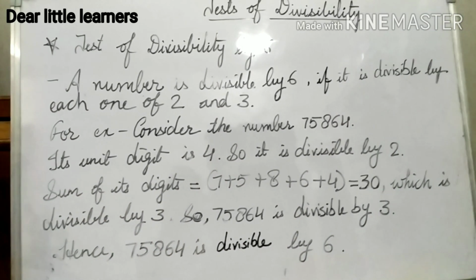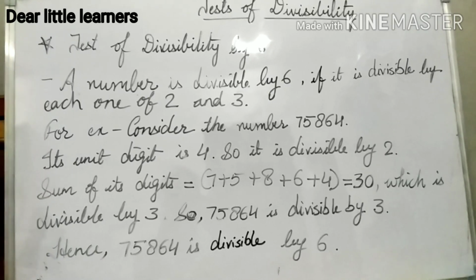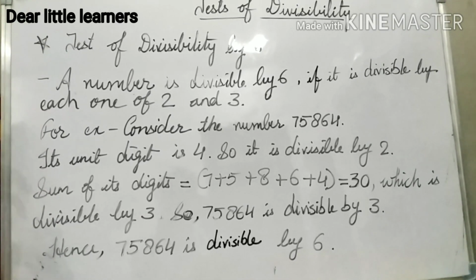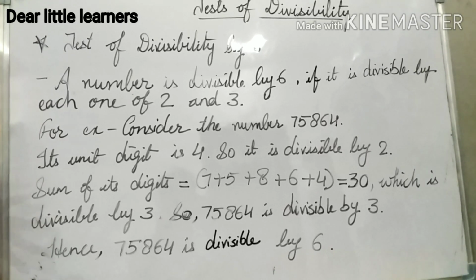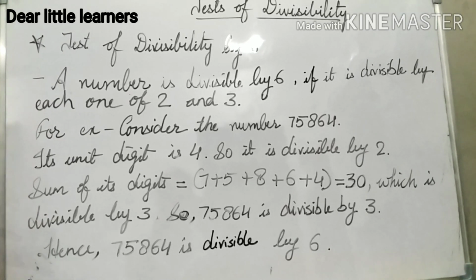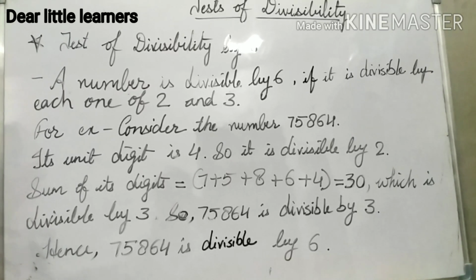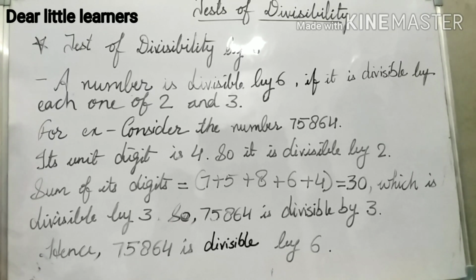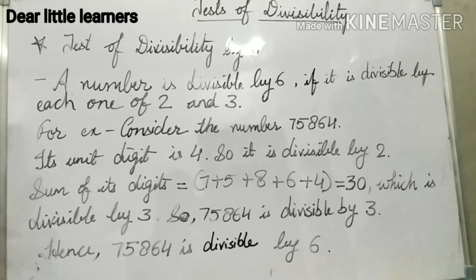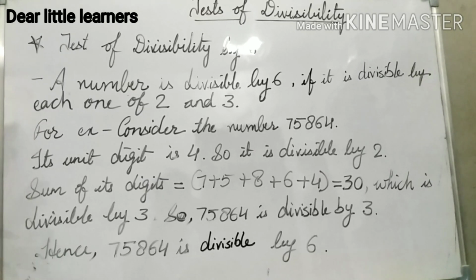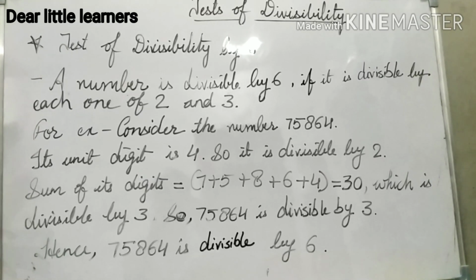And suppose in place of 75,864 we have any number which is divisible by 2 but not divisible by 3. In that case the test of divisibility by 6 will not be satisfied, and the number is not divisible by 6.